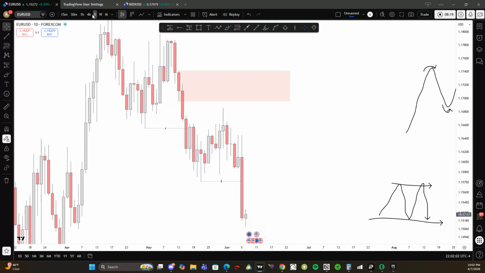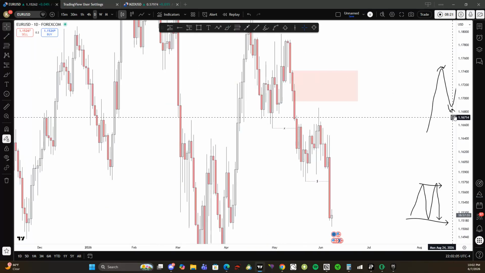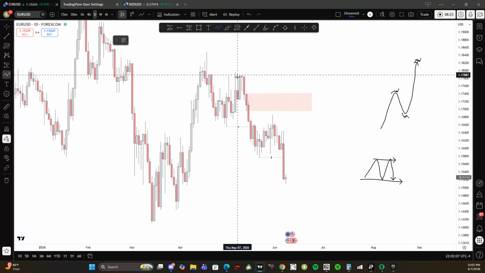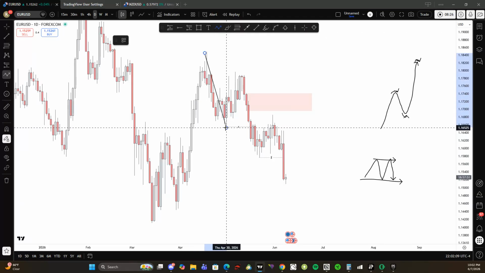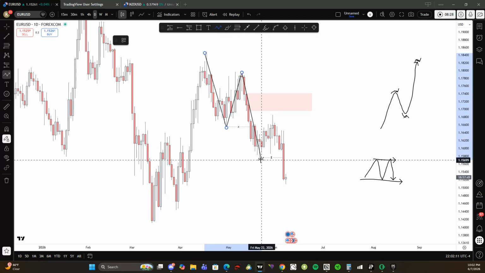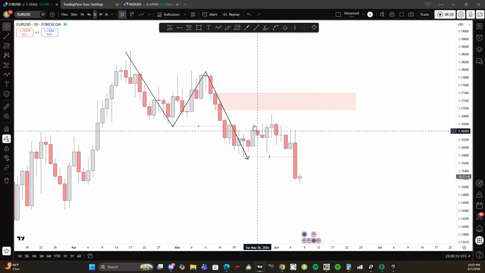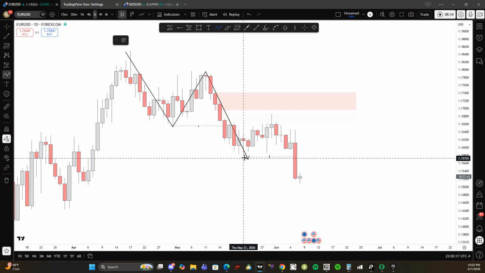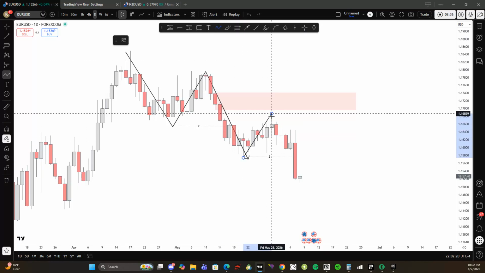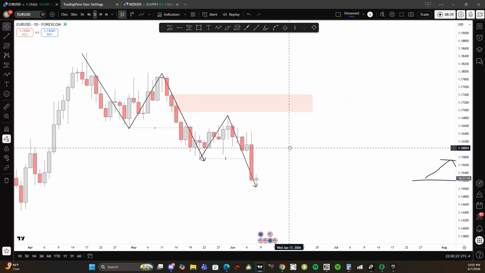What I'll do is go to the 4 hour chart and the fractal nature of the market I was speaking of. I'll leave this here. Lower low, lower high, lower low, right? We're expecting now a move up into a move down.